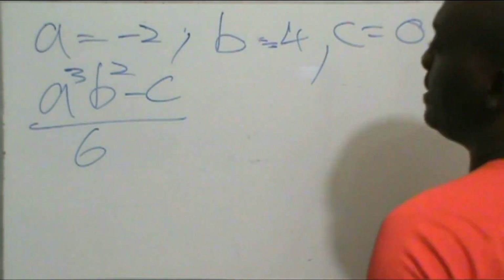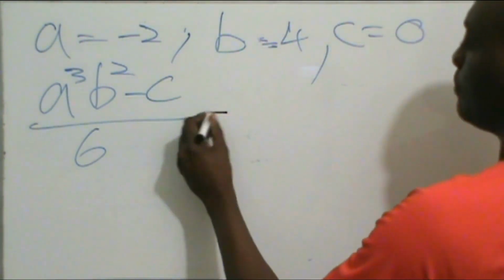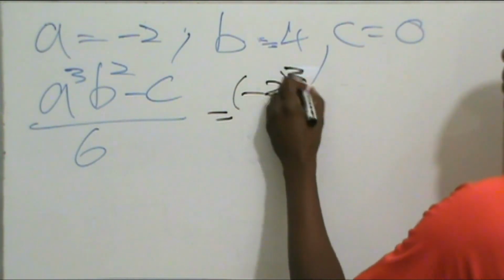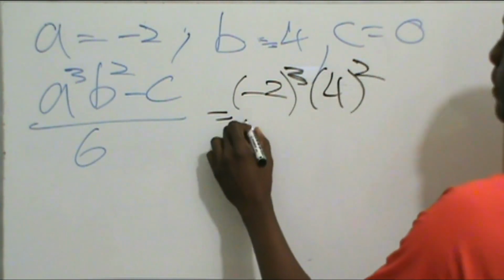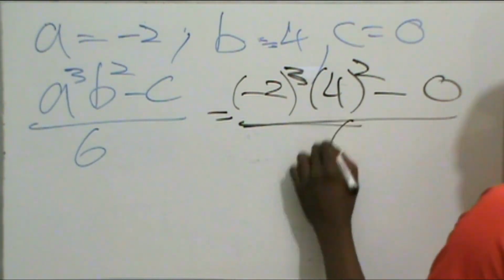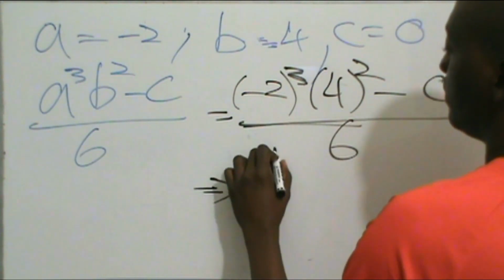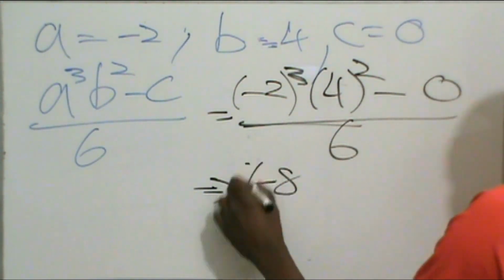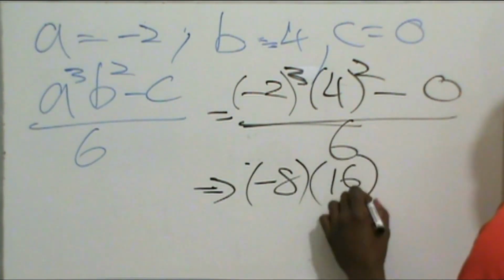A cubed is equal to minus 2 cubed, multiplied by 4 squared all over, well, minus 0 all over 6. Minus 2 cubed is minus 8. Minus 8 multiplied by 4 squared, which is 16.